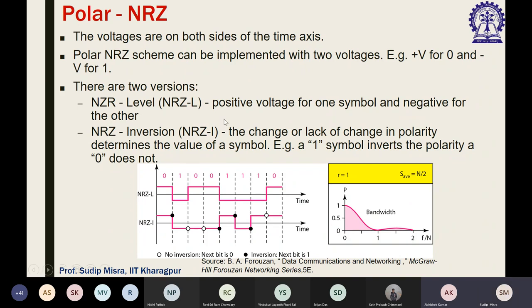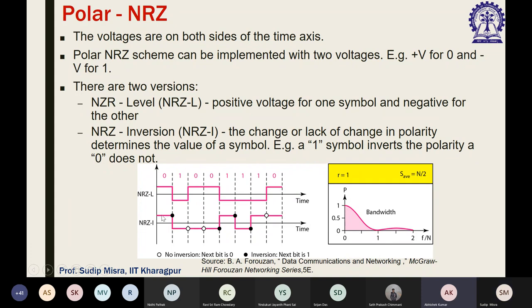So NRZ-L, okay, and then we have NRZ-I, where the change or lack of change in polarity is going to determine the value of the symbol. So the symbol 1, the bit 1, will invert the polarity, and the symbol 0 is not going to do so, or vice versa, right? So in this case, we are using the symbol 1 to invert polarity.